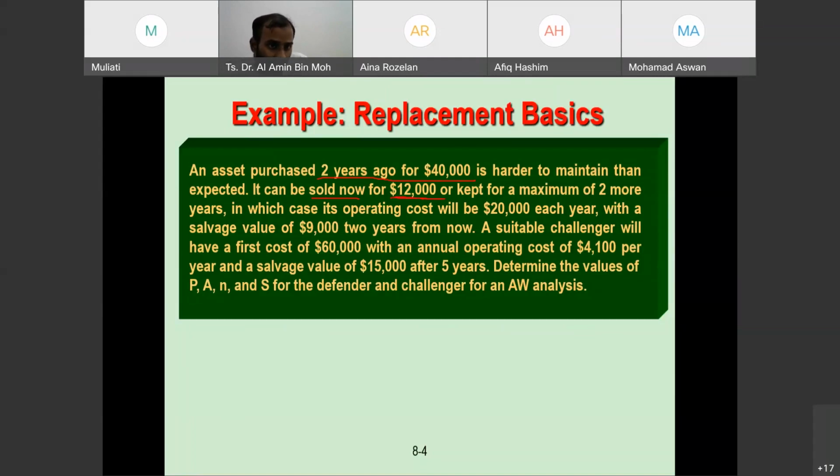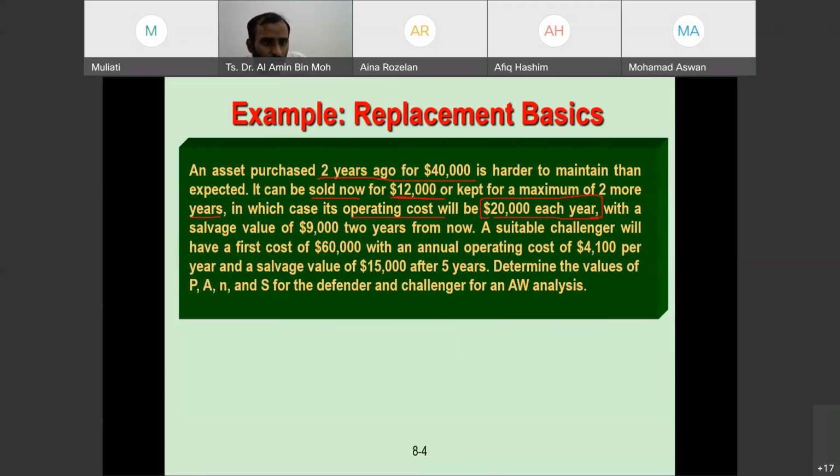They say it can be sold now for 12,000 or be kept for a maximum of 2 more years. This means the asset can be sold now, and if you sell now you get 12,000. Or you can keep it, and it still can function for 2 more years, but it has an operating cost of 20,000 each year. So when they give 20,000 each year, we know this is AW each year, right?